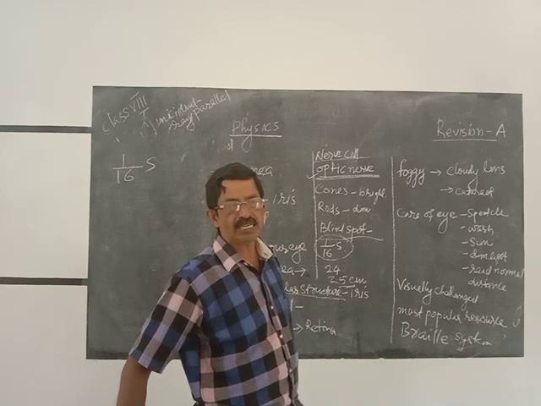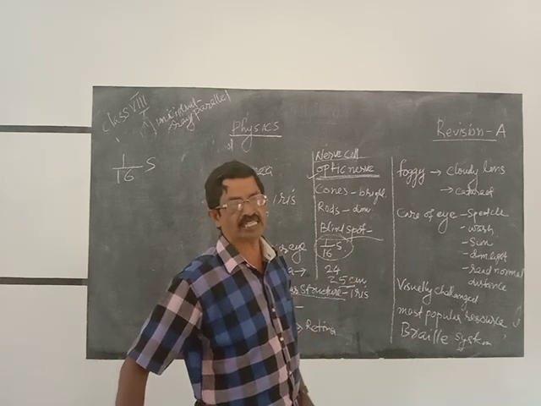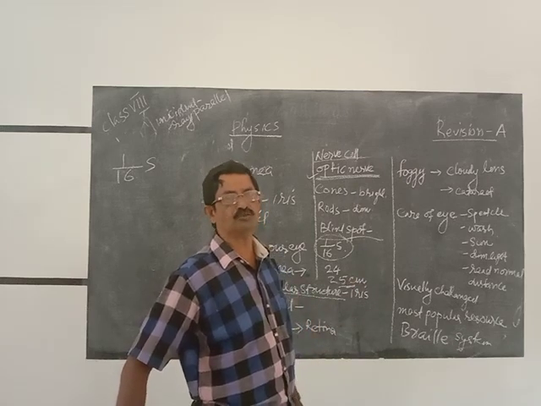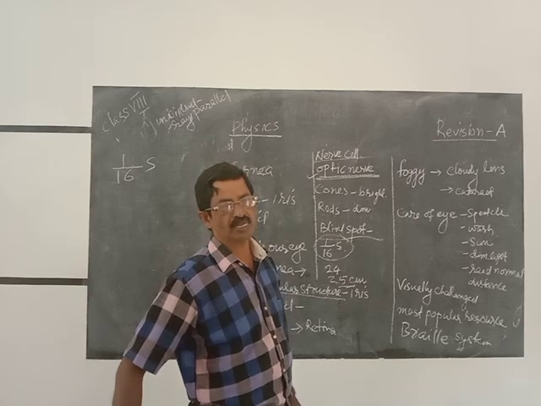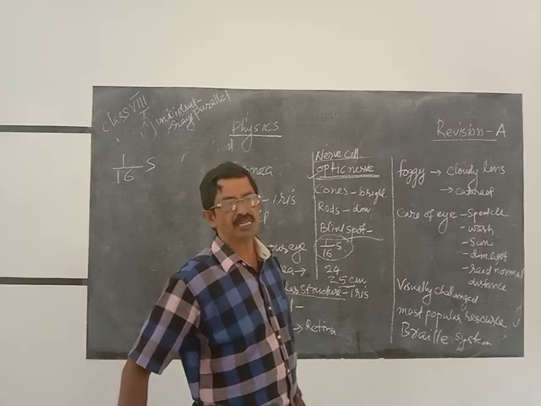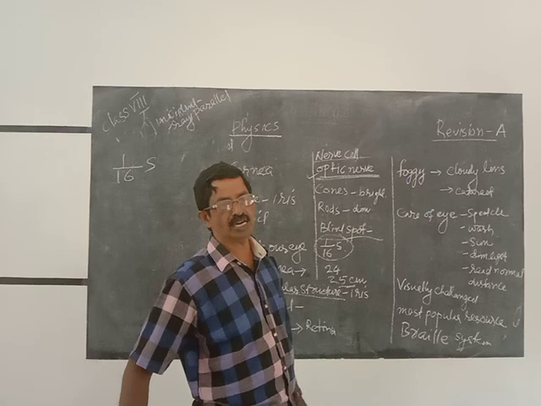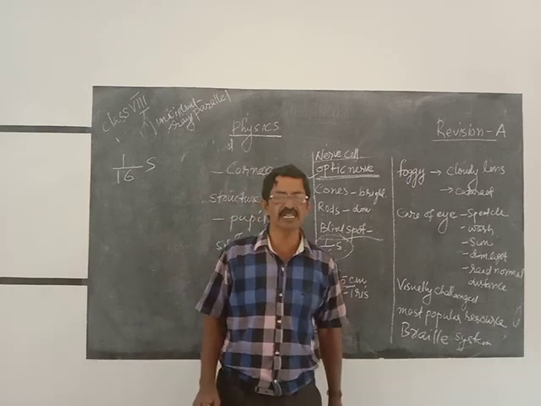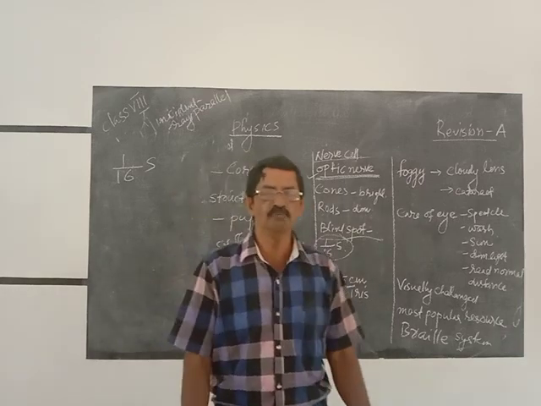If we see another object within that time, we see the two objects together, and that is called persistence of vision. How long will the image be retained in our eye?